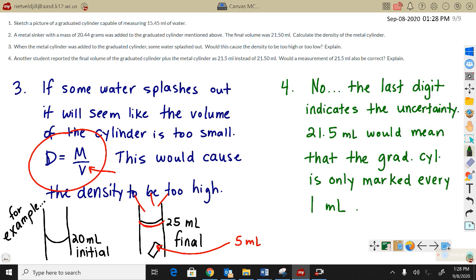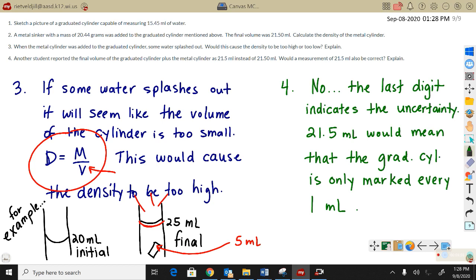Let's just pretend that initially I had 20 milliliters of water, and I add in a piece of metal that's supposed to be 5 milliliters. And so the final volume then should be 25. But if some of that 5 milliliters of water splashes out, it might show that the final volume reading is only 24 milliliters.